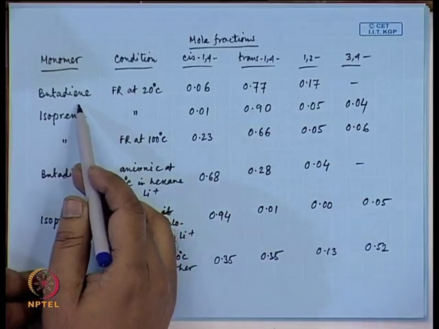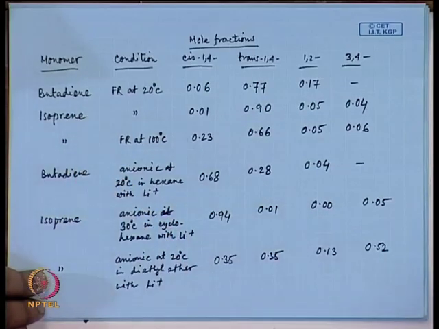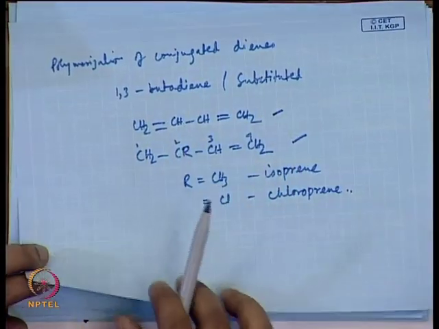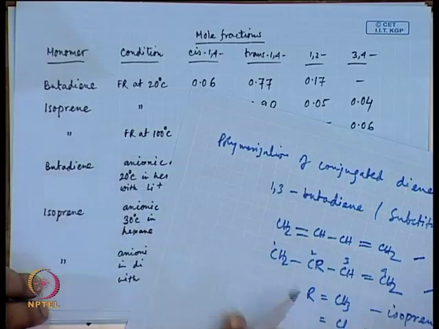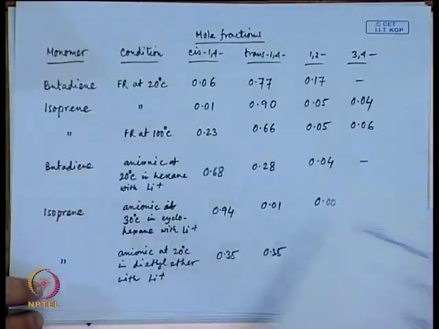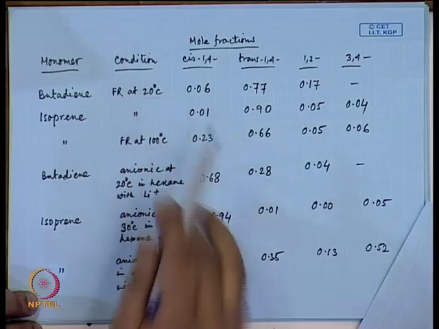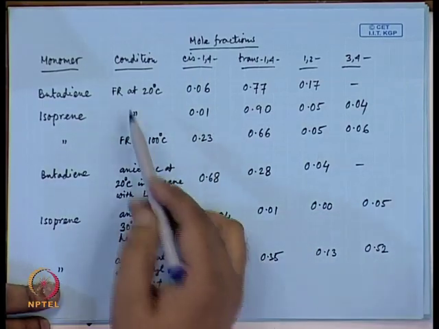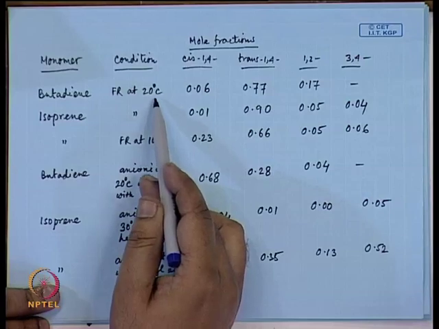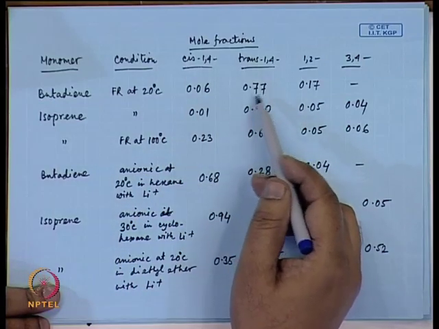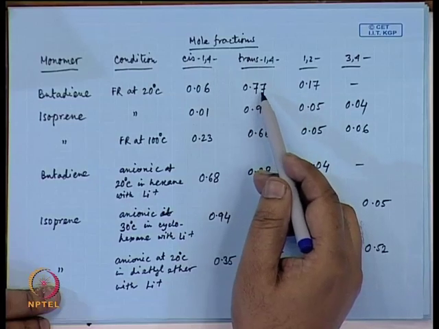If you take butadiene, this molecule which does not have any substitution, and isoprene which has a large substitution, then if you do a free radical reaction at 20 degree centigrade, you get the trans product higher.